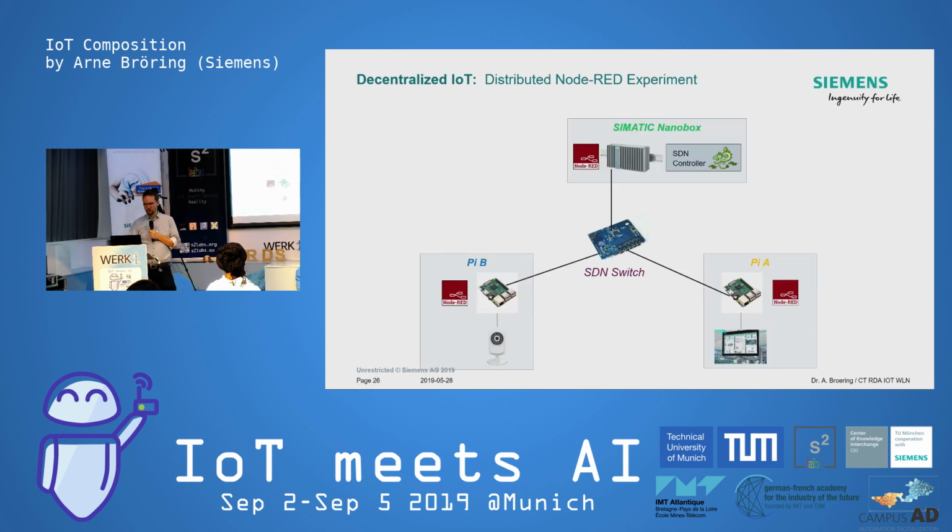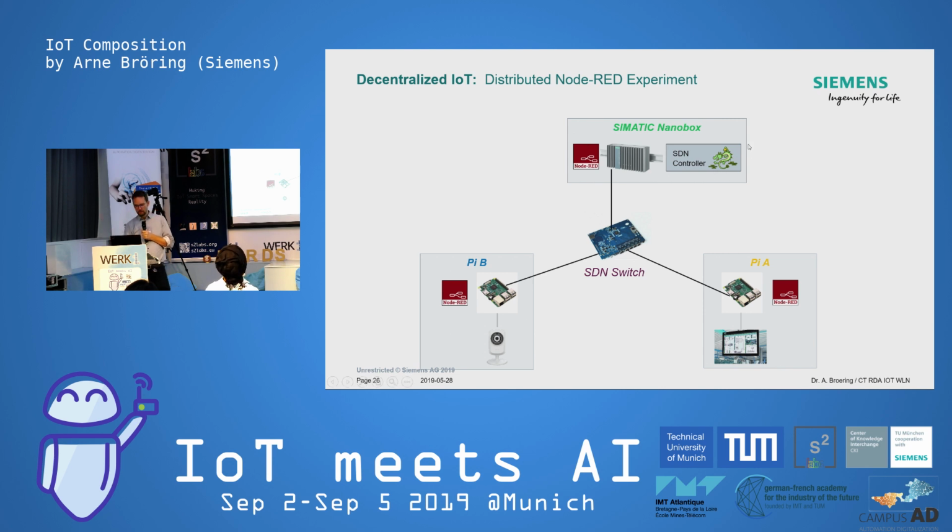So we worked on this example and on a small demonstration, which you see here, the setup. At the top we have the semantic nanobox, which you will also see as part of the challenges. There, the main Node-RED instance is running, where I define the overall flow.